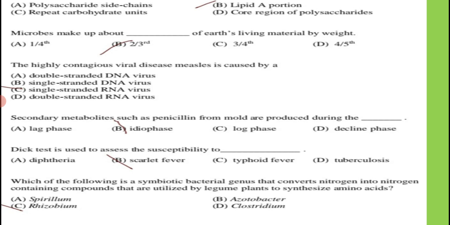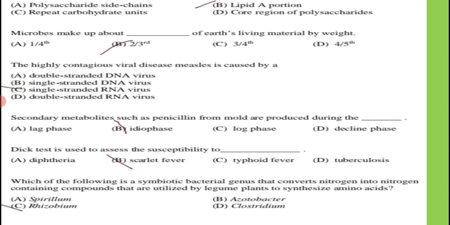The growth phase is also called the trophophase, and in the trophophase primary metabolites are produced, but in the production phase or idiophase there is production of secondary metabolites. Penicillin is a secondary metabolite and it is produced by the organism Penicillium notatum. So option B is the correct answer for this question.